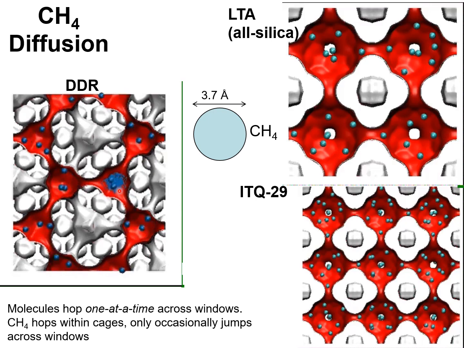And in this case, we track the trajectory of one methane molecule, and the trajectory is indicated by these blue lines. And up to this time, the methane molecule has not crossed the windows to any of the adjacent cages.